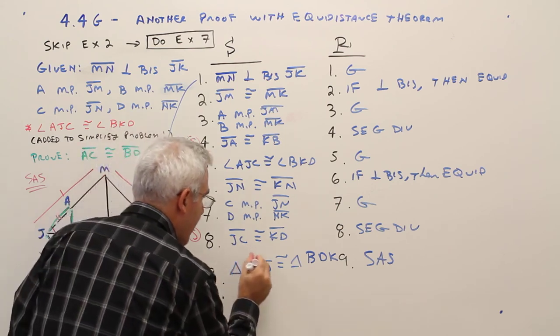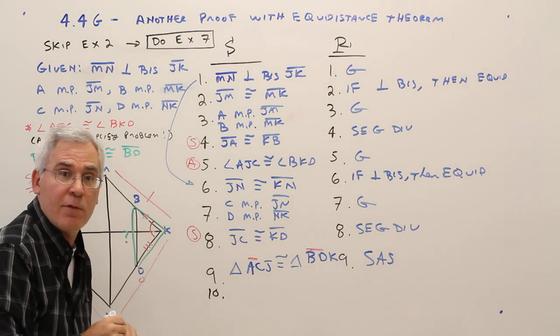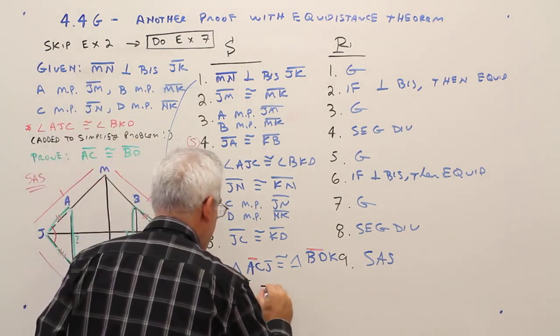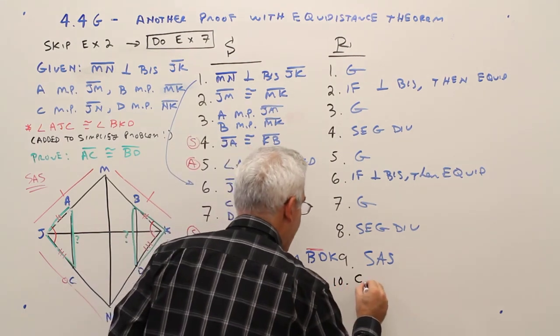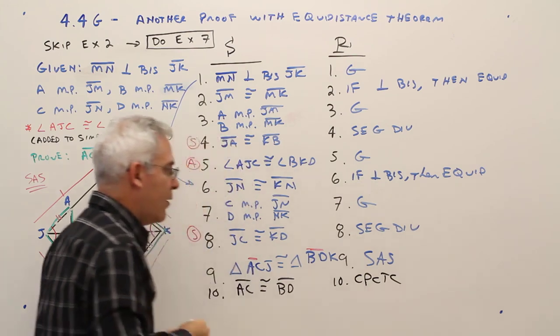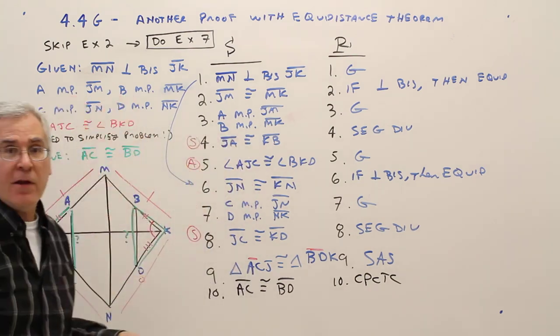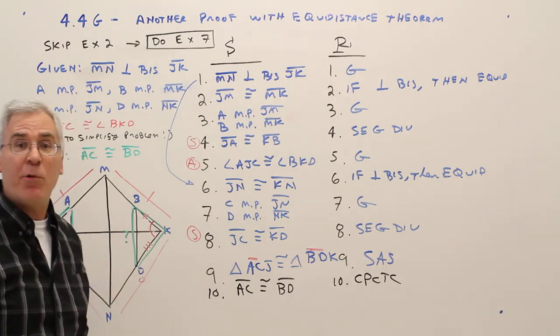Notice, first two letters, so my ordering makes sense. So AC congruent to BD by CPCTC. Whew, that was a long one. So there you have it, how to do a more challenging proof using the equidistance theorem.